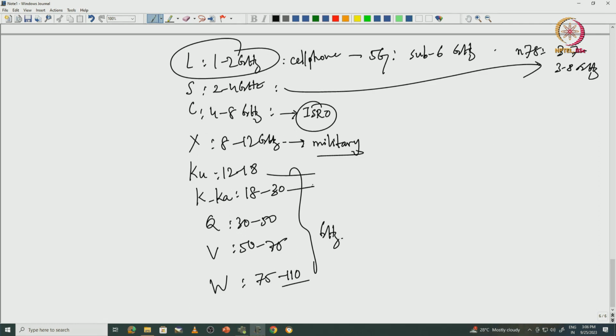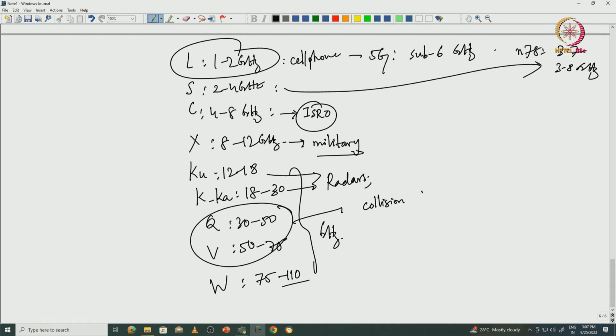Ku band and Ka band are a little higher frequency, and they are also useful for radars at different frequency bands. When we go to Q and V band, for instance, you have anti-collision radars. 77 gigahertz is anti-collision radar in the vehicle. Weather radars are used, airborne radars, for instance missile radars, seekers. It could have different applications in all of these different bands.